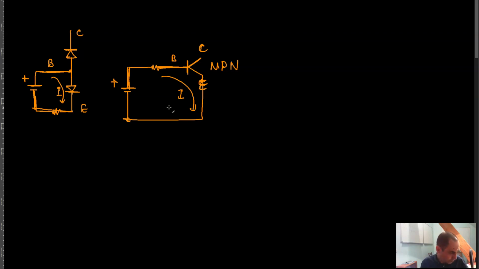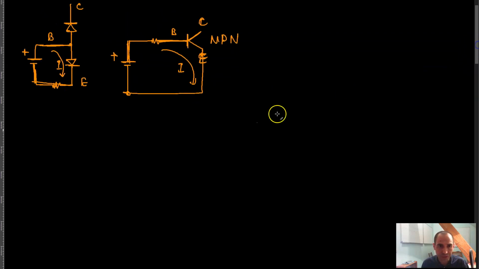Now of course whenever you connect something to a power supply, you need to be able to do a couple of calculations. Suppose that you have the same circuit over here, meaning an NPN transistor. This is the collector, this is the emitter, and this is an NPN transistor.